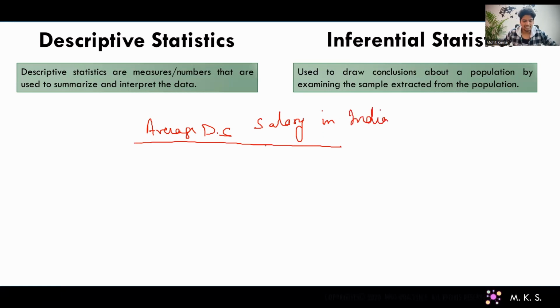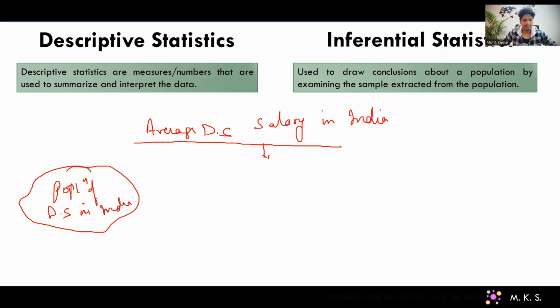What is our population? The population is all data scientists we have in India. Can we work on that? Definitely not. That's why we need statistics, because we cannot always work on the population.